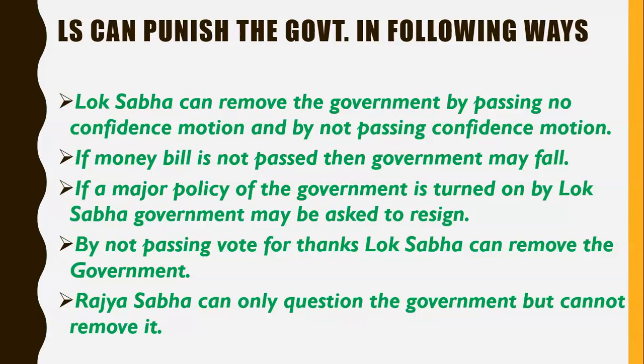So the council of ministers will bring a confidence motion in Lok Sabha, and it should be passed by a simple majority. If it is passed by simple majority, then the government will remain in power. But if it is not passed by simple majority in Lok Sabha, then the government will be removed.